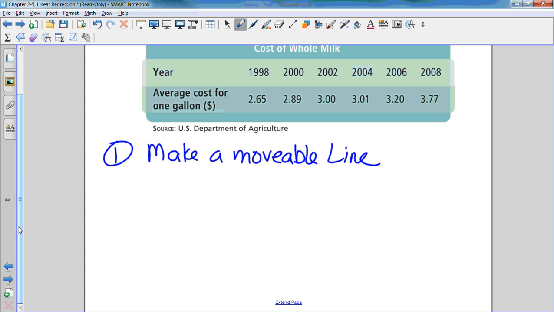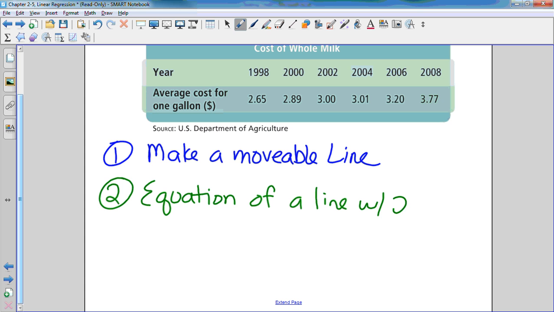Step two, or the other type of line you're going to make, is you're going to give me the equation of a line given 2 points. And the third thing is going to be your regression line. So on every single graph, you're going to have 3 different lines.